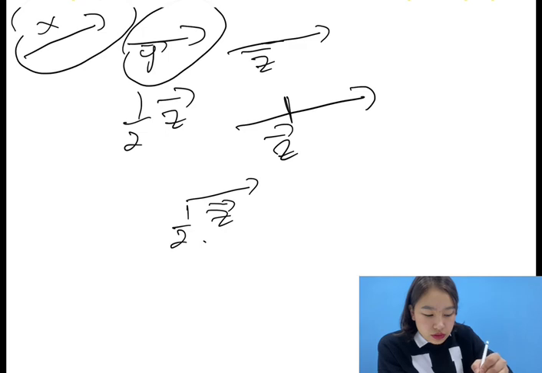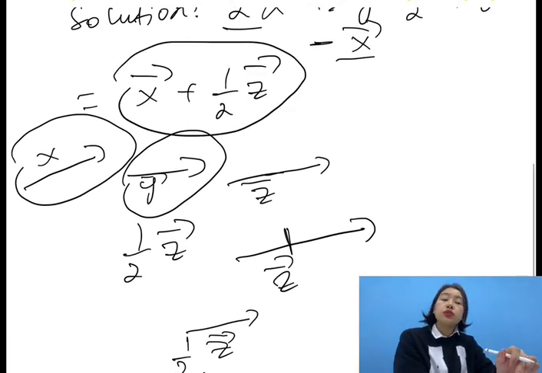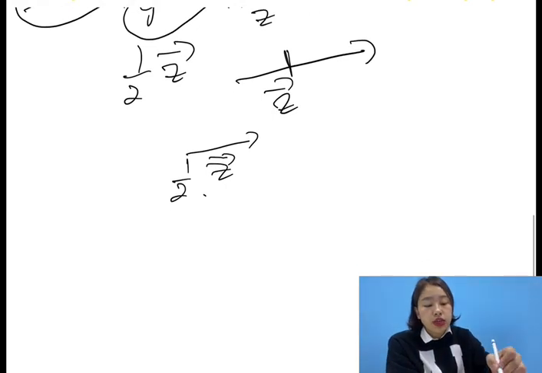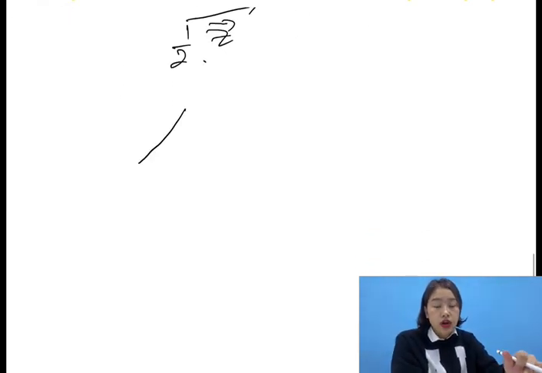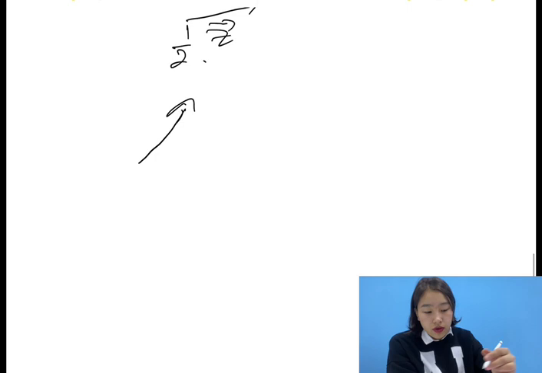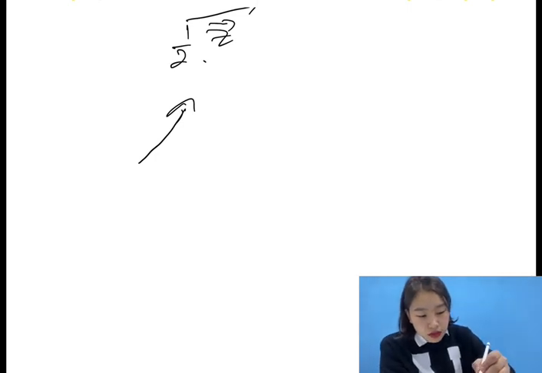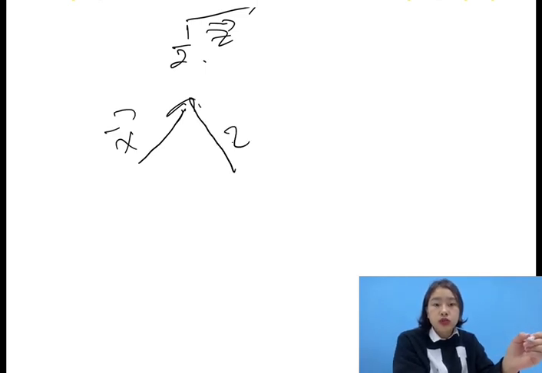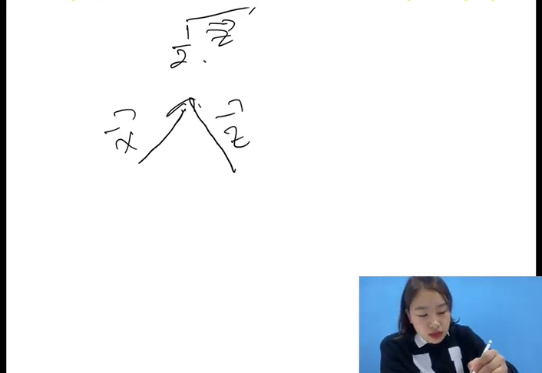And we need to connect them using the addition method because we have the sum of the x vector and the z vector here. By using the polygon method, how can we find it? Let's take the x. The terminal point will be connected with the initial point of the 1 over 2 z.